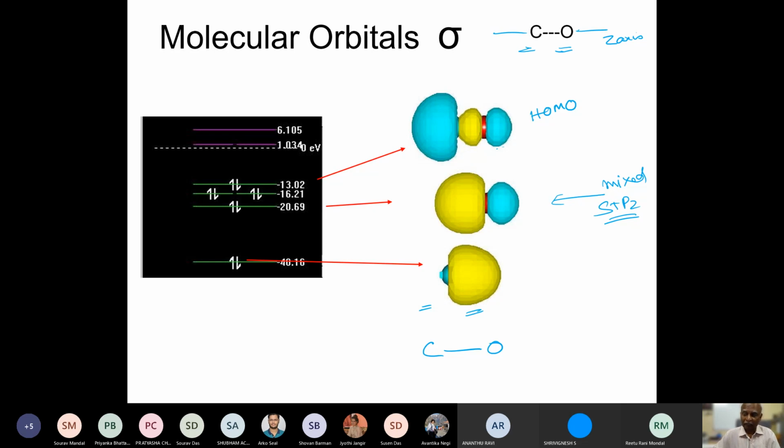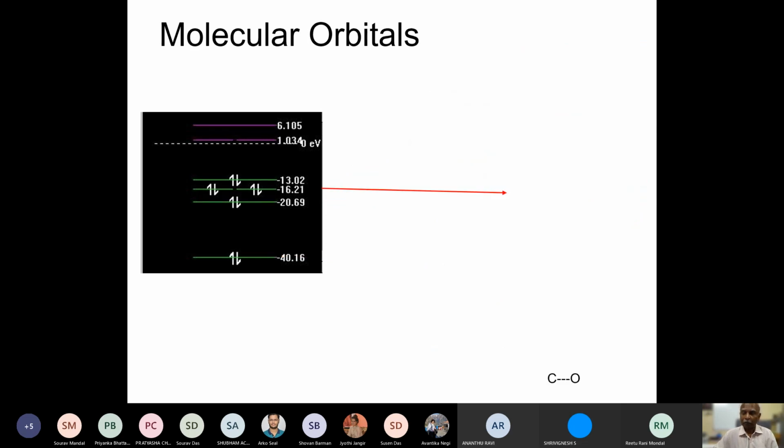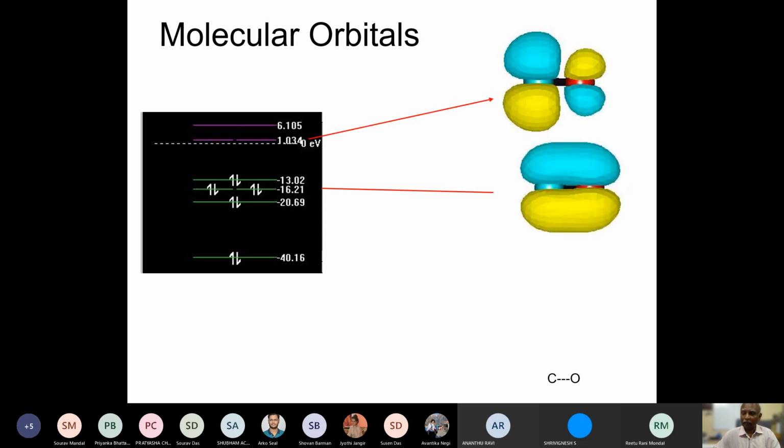So let's look at now the pi molecular orbitals. There is only one bonding molecular orbital that I have, and that will also have greater contribution from the oxygen. This figure is not very clear, probably because of the orientation, but this has got greater contribution from the oxygen side.